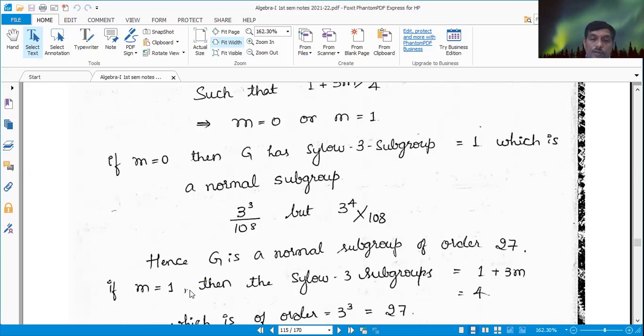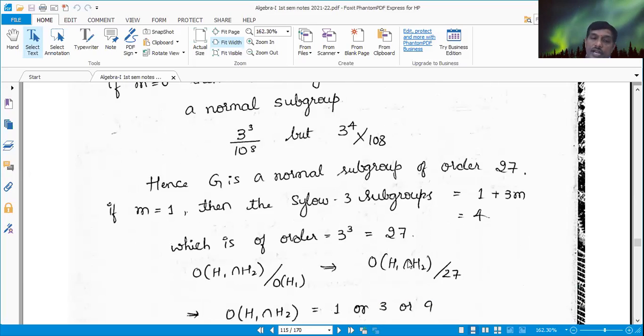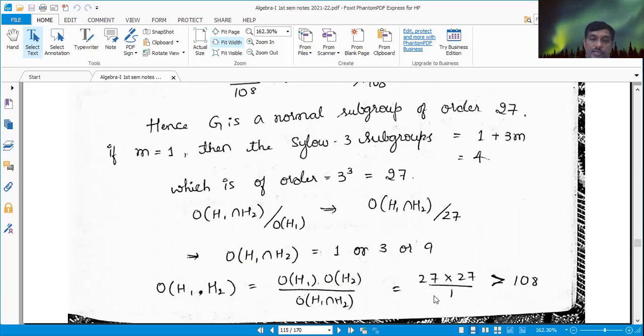If m is equal to 1, then the number of Sylow 3-subgroups is 1 plus 3m, which becomes 4, and each has order 3 power 3, that is 27. Then the order of H1 intersection H2 must be 1, 3 or 9, because 1 divides 27, 3 divides 27, 9 divides 27.